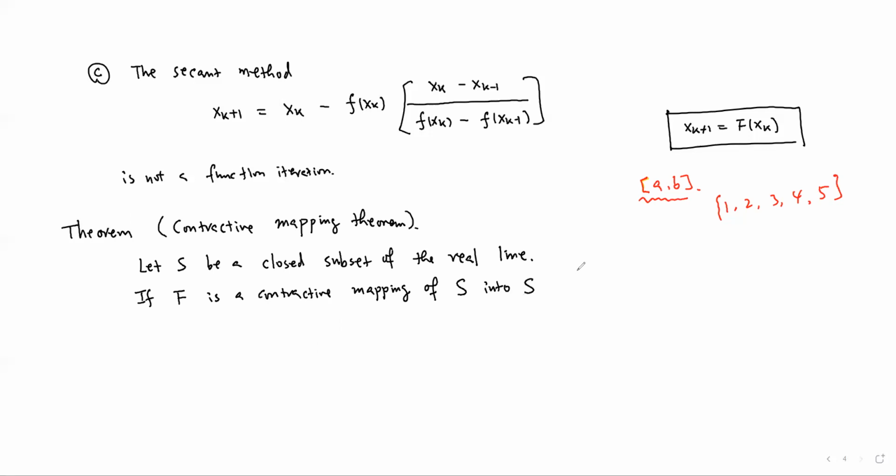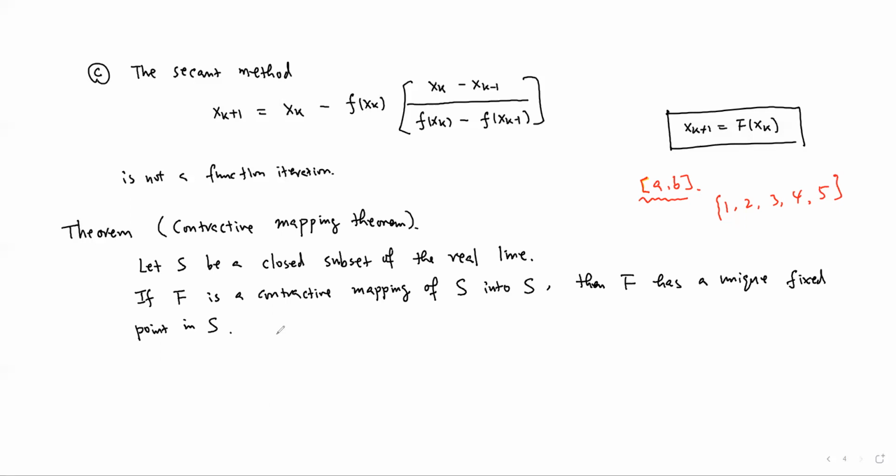Now the conclusion. Then capital F has a unique, one and only one, fixed point in the subset. This is conclusion one.